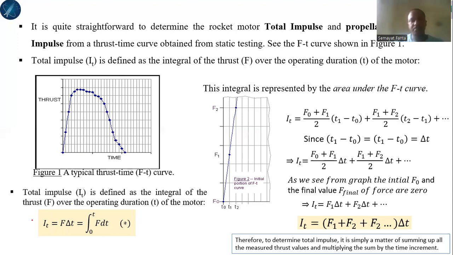total impulse. It is the summation of force times delta T. If you come to here, we have T naught initially, maybe it is 0 or some T naught. Again, we have T1, T2, and T3 like this.